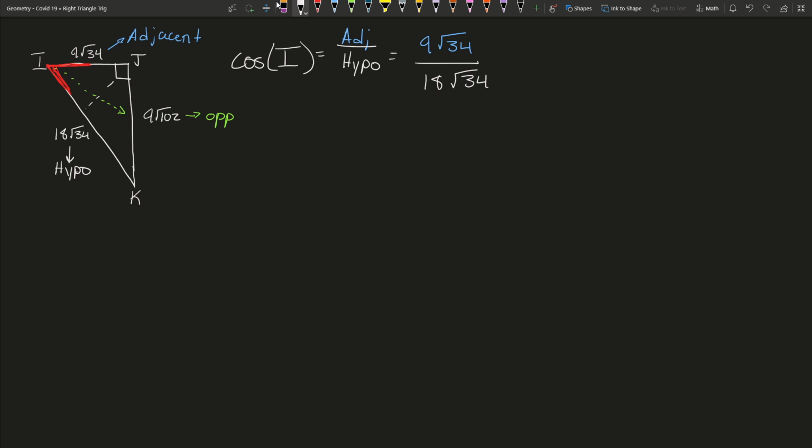And when we do that, we get 9 rad 34 over 18 rad 34. You should be able to see that there's common factors on both the numerator and the denominator. So if we were to factor out square root of 34 from each, those two things would just cancel. And we're left with 9 over 18, which is just equal to 1/2. And then you're done.